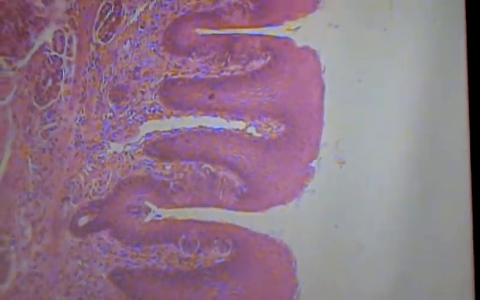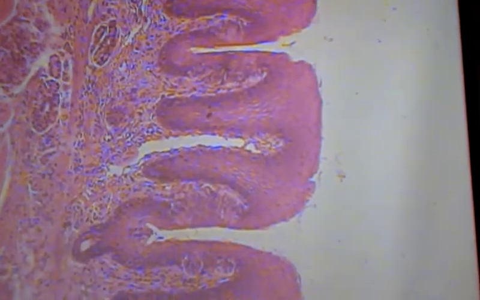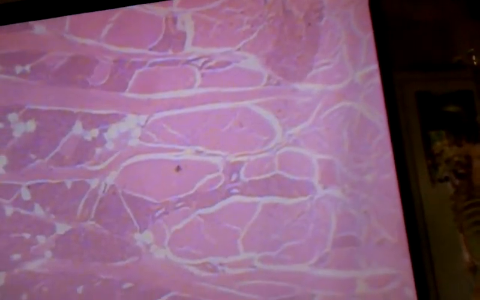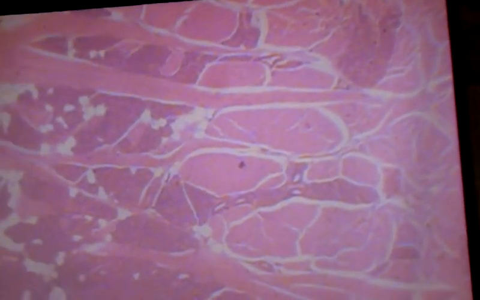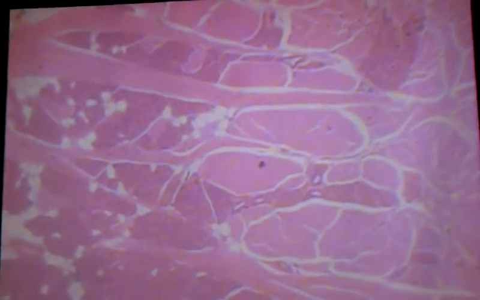What else have we got? Glands and skeletal muscles. So I'm going to come back to low power. I'm going to go deeper into the tongue. I've got several structures here. Most of it is glandular and skeletal muscle mixed together.